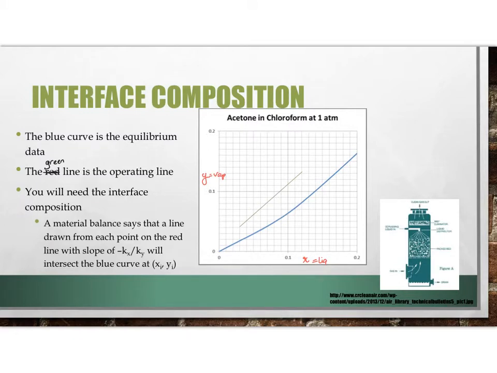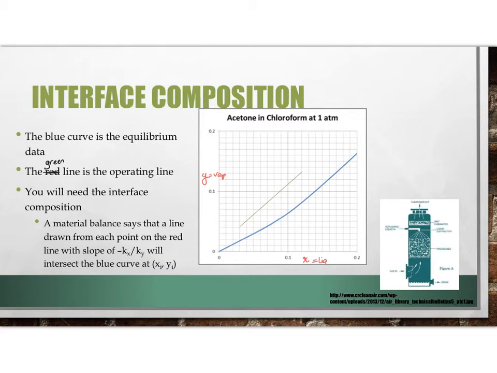Now, in order to use these formulas, we need to know, for some of them, the interface composition. For this one, I'm going to have to say trust me that what I'm telling you here is correct.